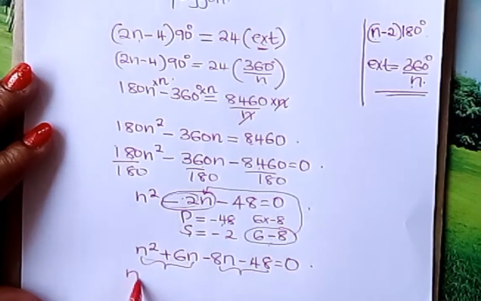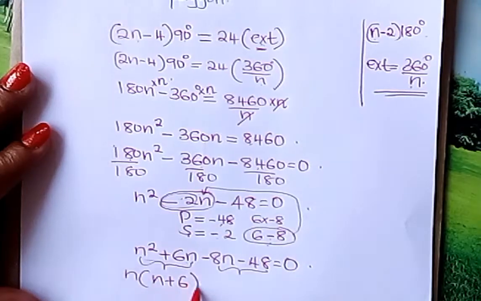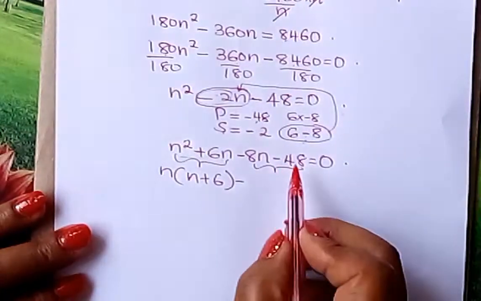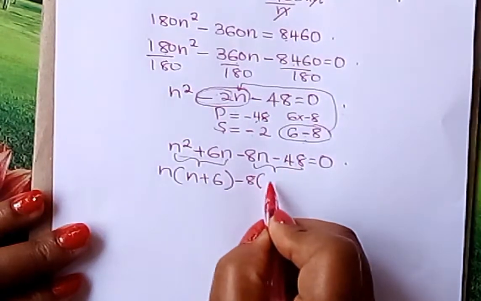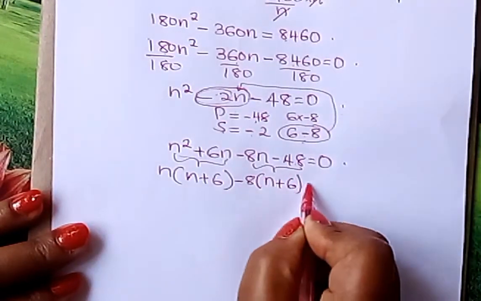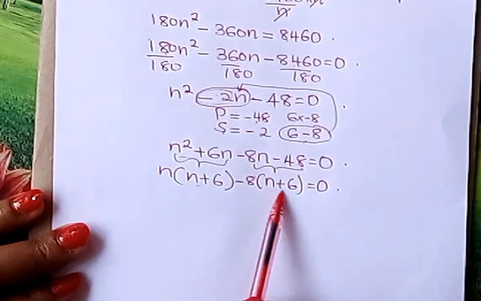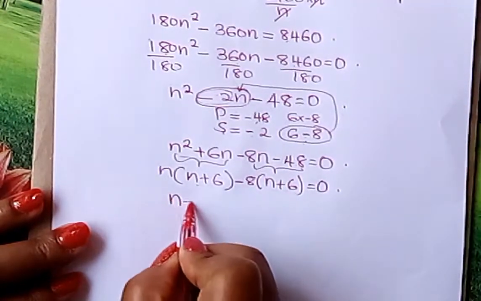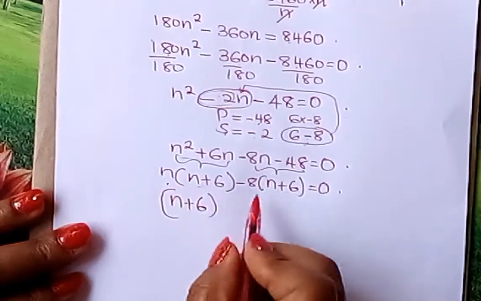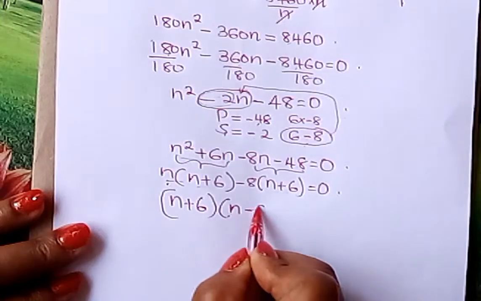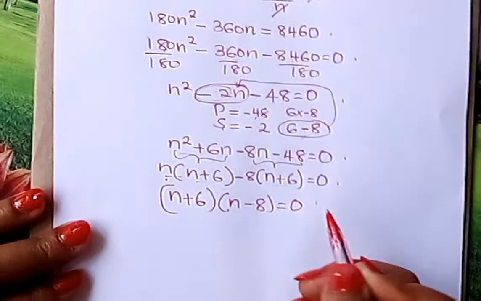In the first group, n is common, so we are left with n plus 6, minus, you factor out 8, you get n plus 6, equals 0. This bracket and this are the same, so you factor it out and you are left with n minus 8 equals 0.